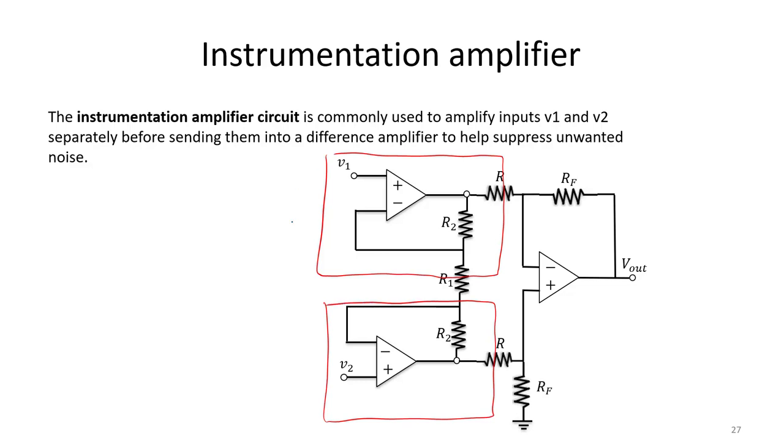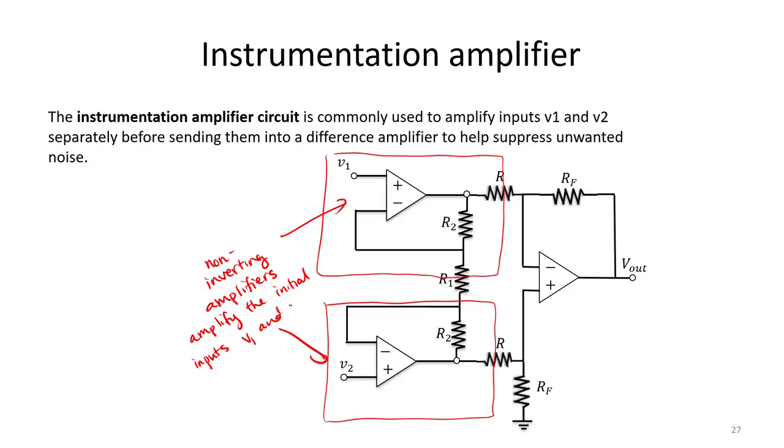Notice first we have two non-inverting amplifiers. And notice what these do. These amplify the initial inputs V1 and V2. So first, we make our input signals bigger so that it's easier to identify them.